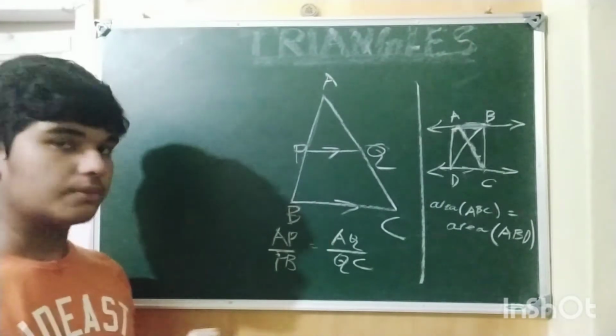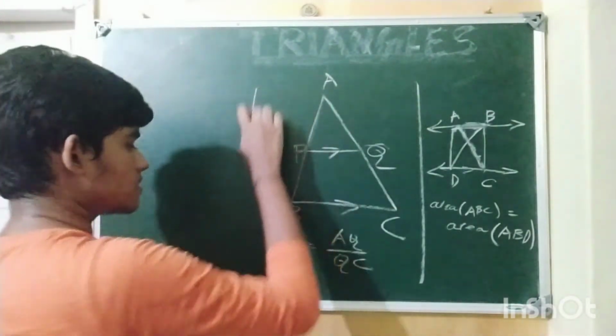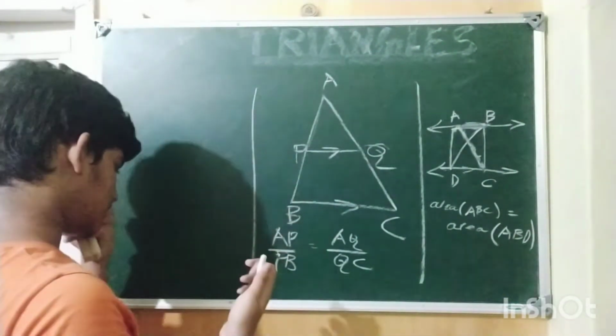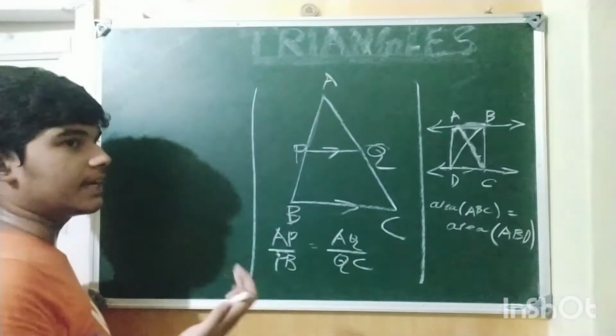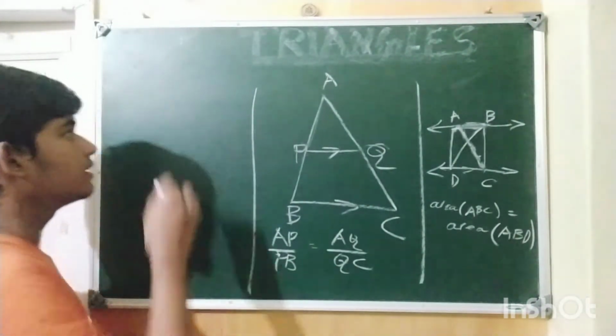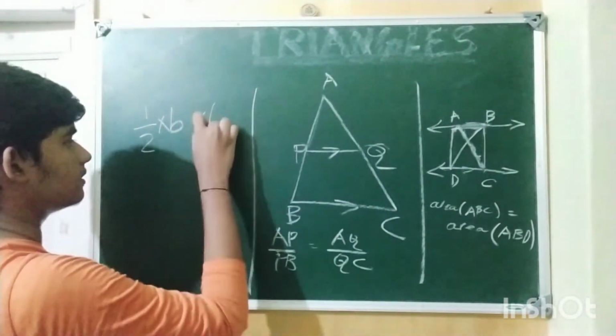Now that we talked about this, let's talk about the area of a triangle. How do you find out the area of a triangle? The answer is simple. This is something that is learned in previous classes, but basically the area of a triangle is half into base into height.